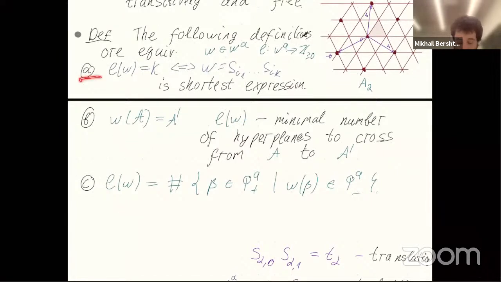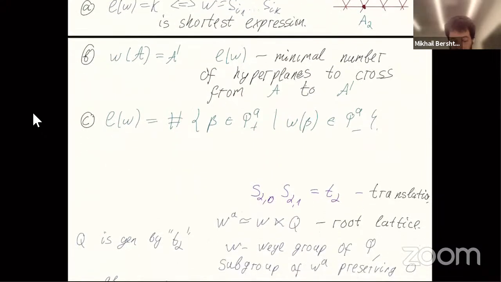So the equivalence of A and C is the same as for finite Coxeter groups, and A and B is also the same. The only difference is that instead of alcoves we have Weyl chambers in the finite dimensional case, and we compute how many hyperplanes we cross when we go from one Weyl chamber to another. Okay, are there any questions? Everything is clear.